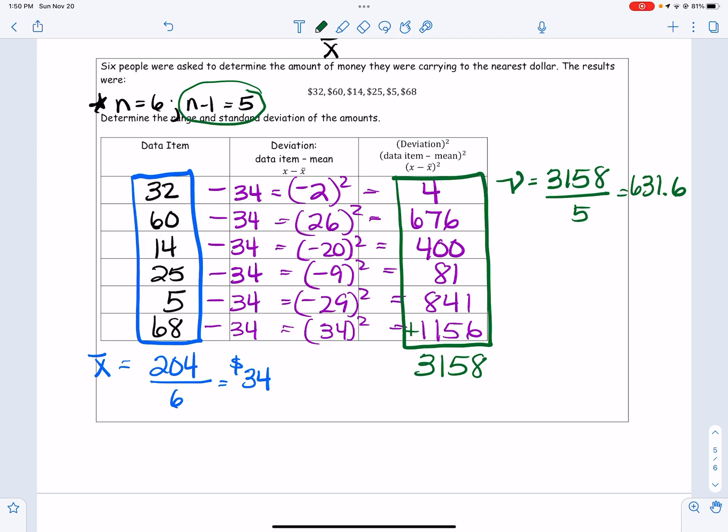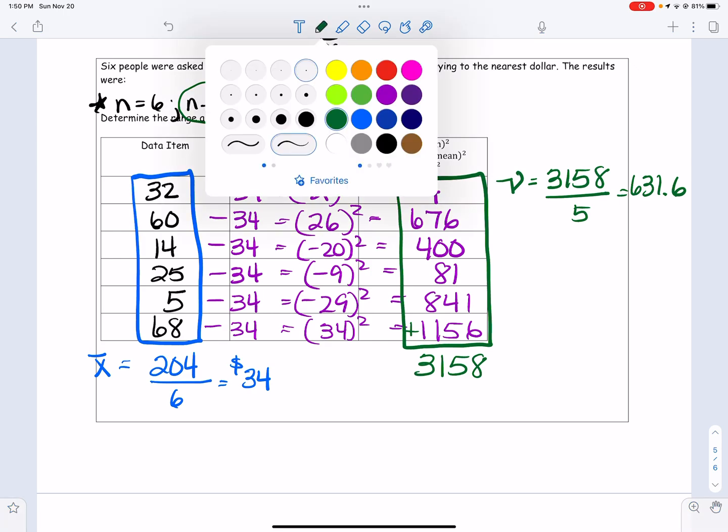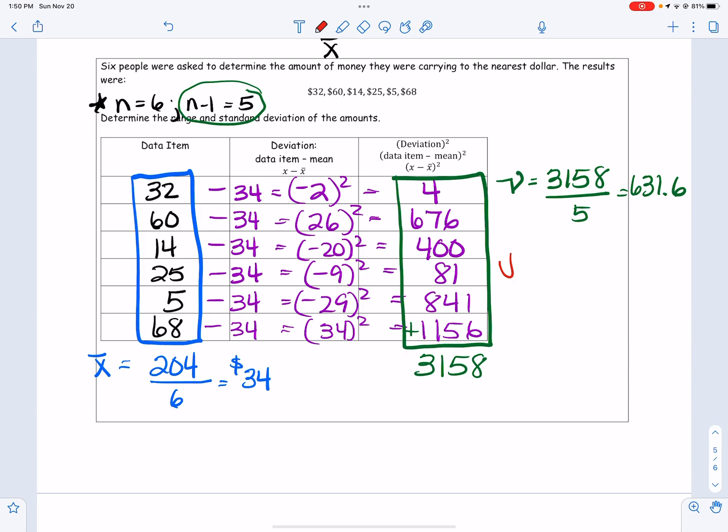And last but not least, I will find the standard deviation, which is the square root of 631.6, which is $25.13. Now, if they ask you to round to the nearest dollar, you would say 25.